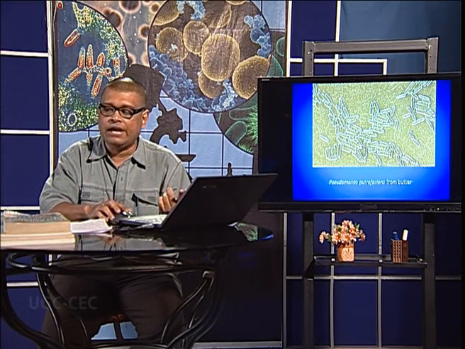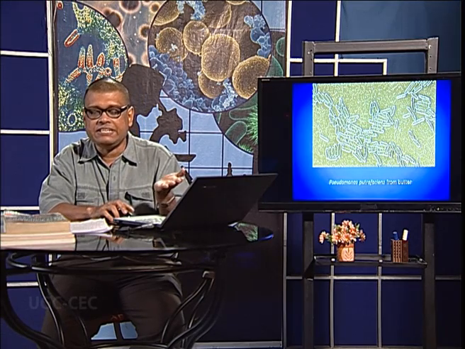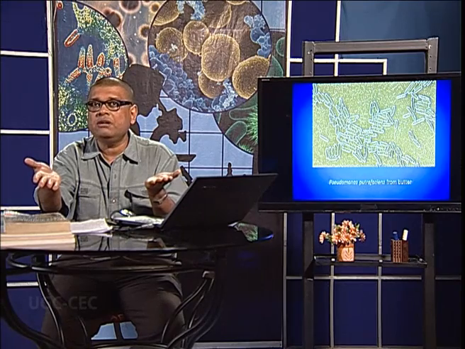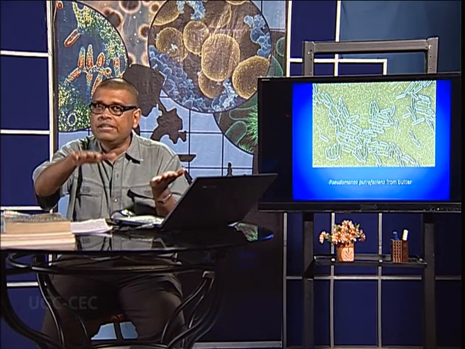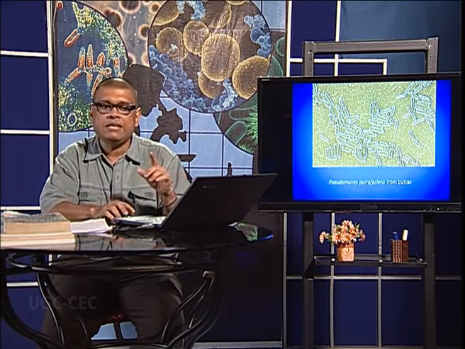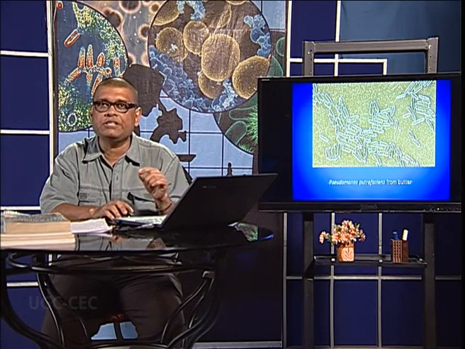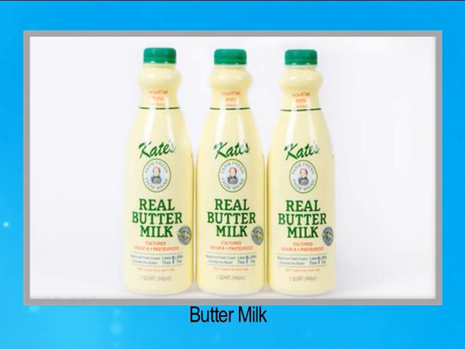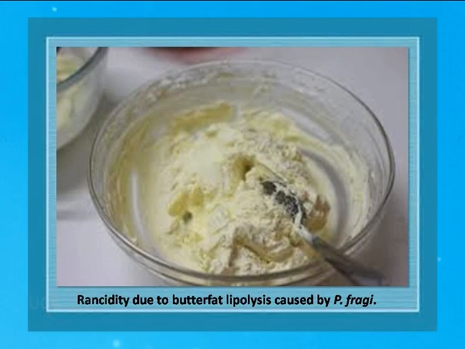We call it lipolysis, and it increases the rancidity, and this rancidity increases in tropical temperature, and might be low when the temperature is less. That means refrigerated storage is very important for butter or butter products, and this will prevent the rancidity of butter caused by Pseudomonas fragi.